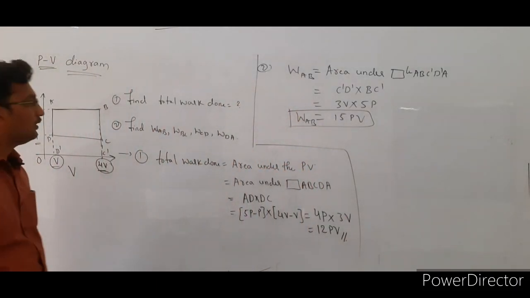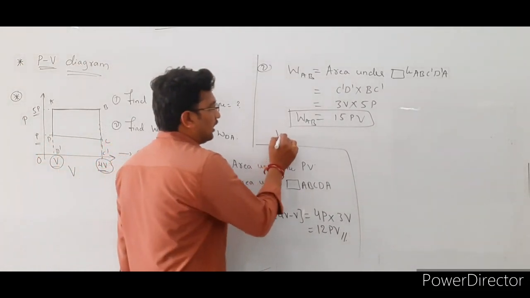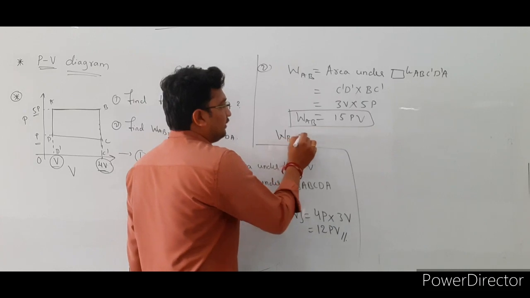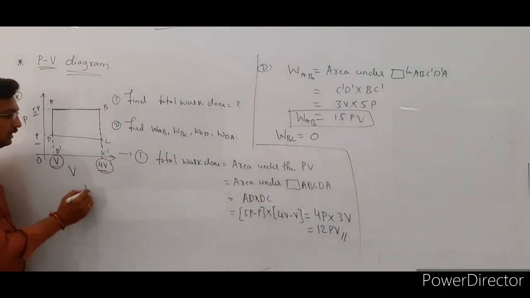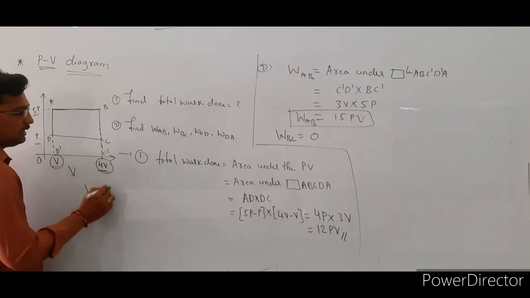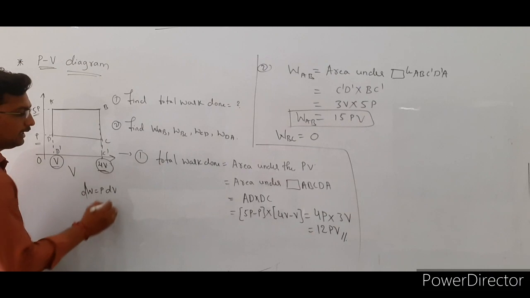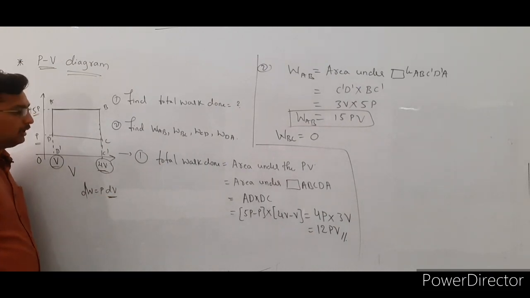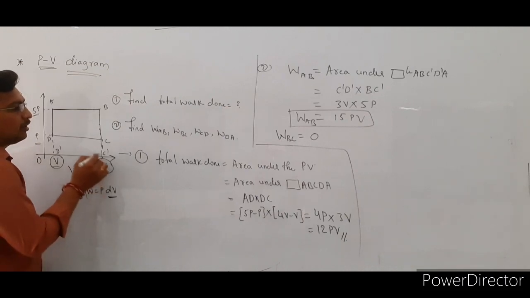Okay, the next one, the work done along BC. The work done along BC is 0, because we already know that the work done is P into change in volume, dW is equal to P into dV. Here dV indicates the change in volume, but for the work done along BC the volume is fixed.